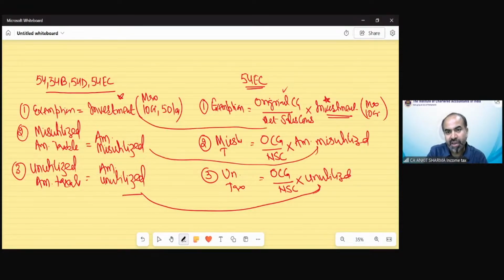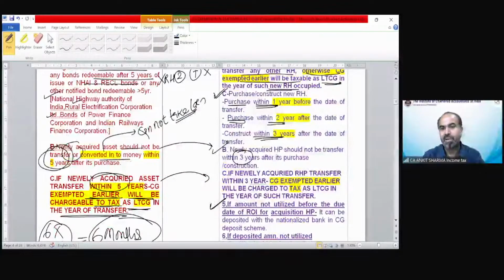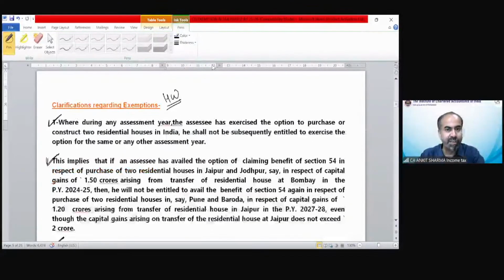But the changed thing is you have to apply this formula whenever you need to calculate the exemption amount, misutilized amount and unutilized amount in section 54F. This is proportionate exemption only in case of section 54F. In all other cases, there is absolute exemption if the conditions are satisfied.